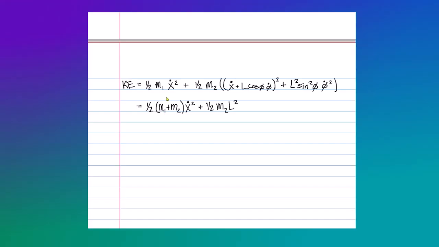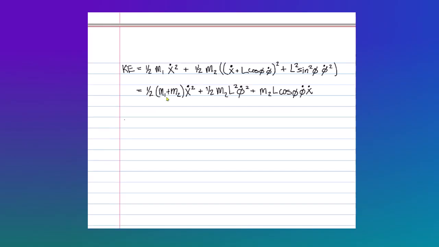Now I'm expressing the term that comes from the L squared cosine squared phi times phi dot squared plus L squared sine squared phi times phi dot squared, in which the sine and the cosine cancel out. And we're left with the final cross term m2 L cosine phi times phi dot times x dot.